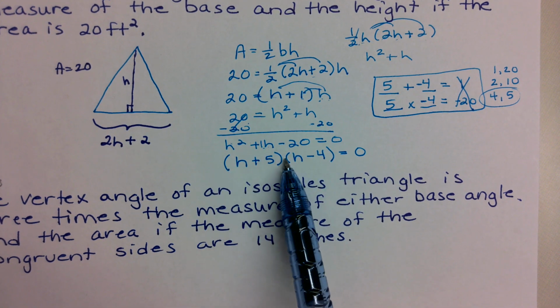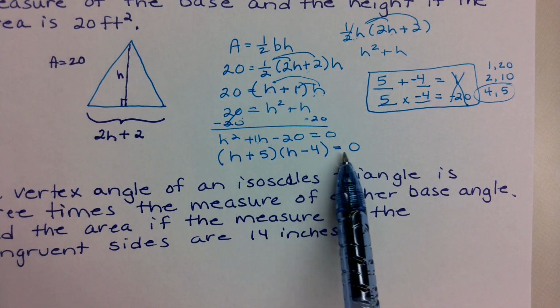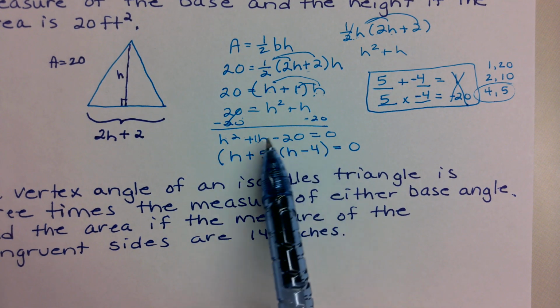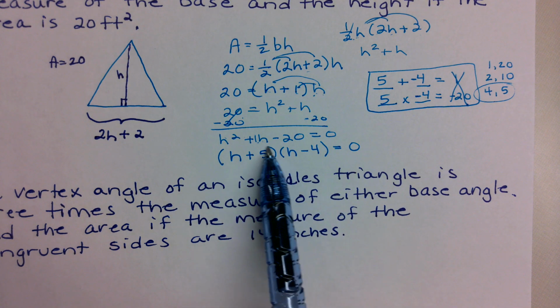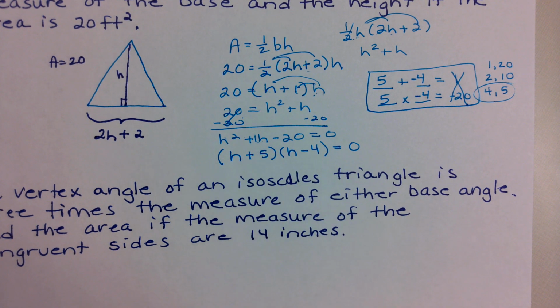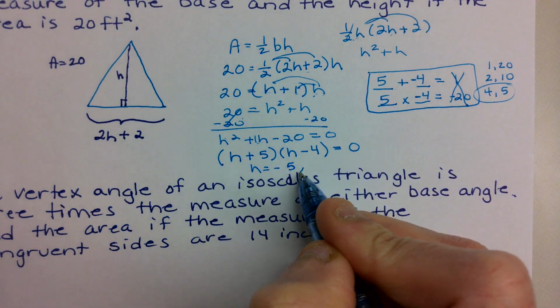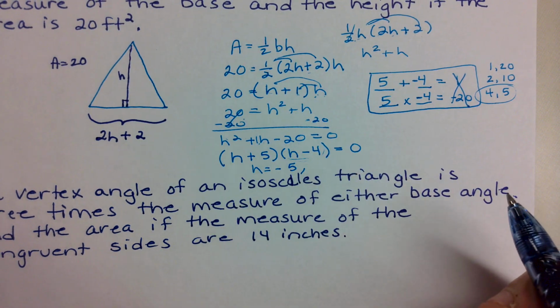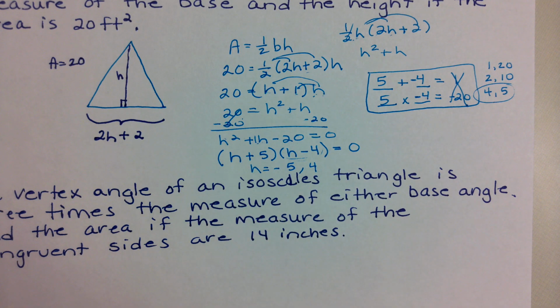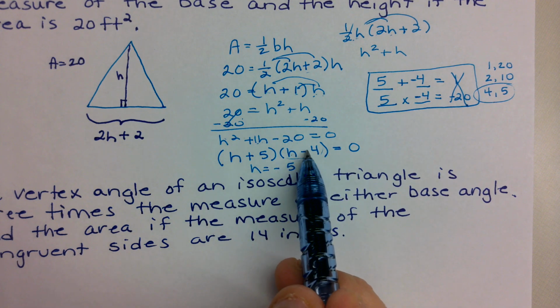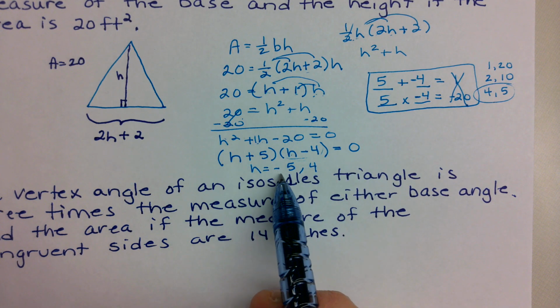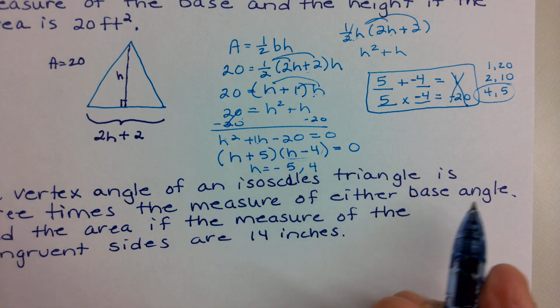If this times this equals 0, that means one of these has to be 0. So what would make this a 0? Negative 5. What would make this a 0? 4. Right? 4 minus 4 is 0. Negative 5 plus 5 is 0.